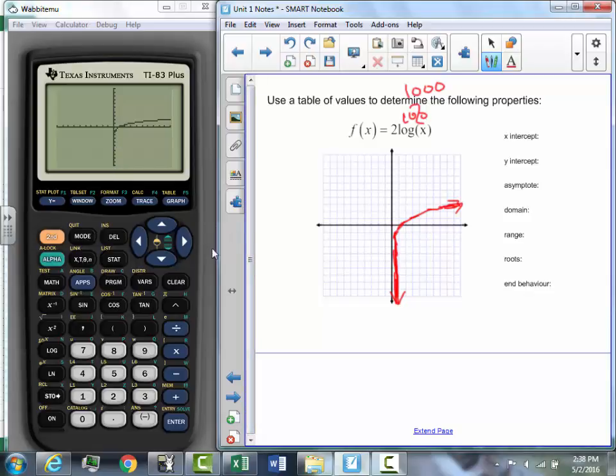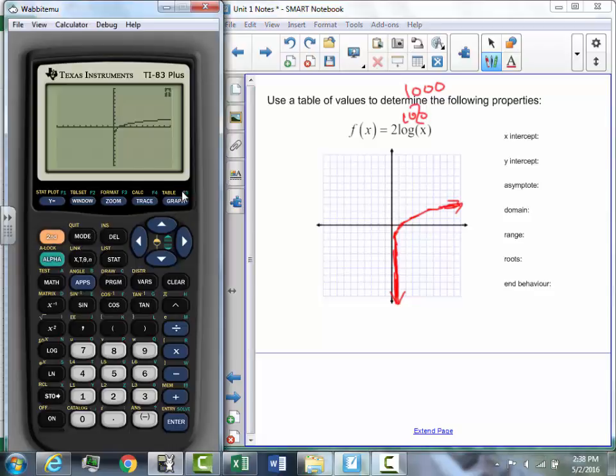So then what are our properties? Well, your x-intercept, if you just even try to look for it here, is at 1, just like it was last time. How many zeros does the number 1 have behind it? 0.